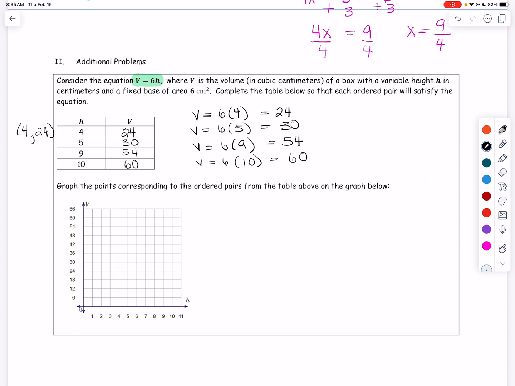So when you plot it, you're going to come down here on the height or the x-axis, and you're going to find the number 4, and then you're going to plot the point at 24 on the y. And then 5 goes to 30, and 9 goes to 54, and then 10 goes to 60.